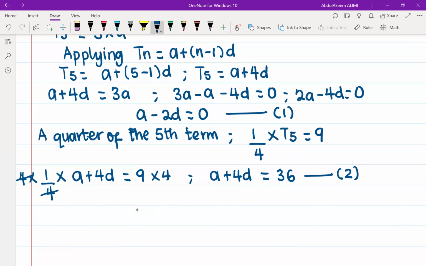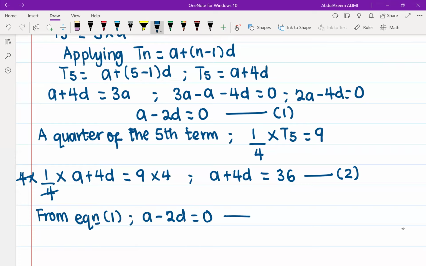Okay, let's take it from equation 1. From equation 1, a minus 2d is equals to 0.